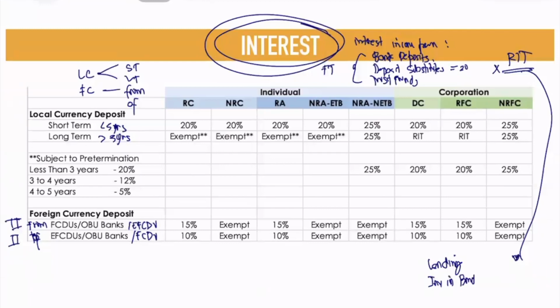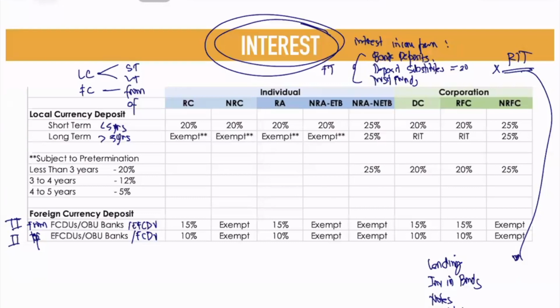For example, you invested in a bond and earned income from it, then that is subject to RIT. Interest income from notes or promissory notes is subject to RIT. Interest from penalties. For example, you lent money, and it was stipulated that if the borrower fails to pay within a certain time, it is now subject to interest.